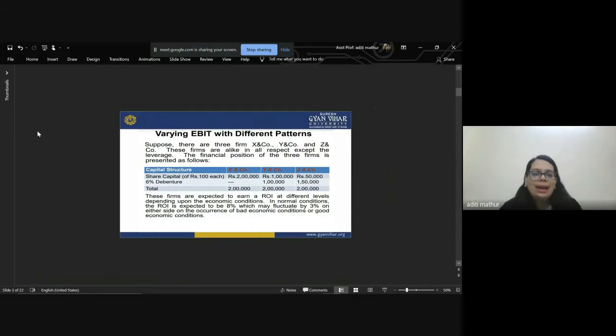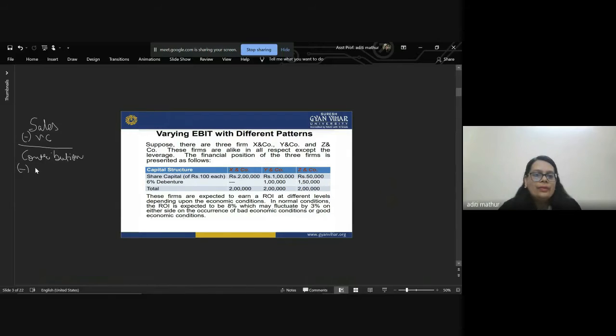So to calculate EBIT, first we write our sales value and deduct our variable cost, and we land up at contribution. After that, we subtract our fixed cost, and the amount remaining is known as your EBIT, earning before interest and tax.